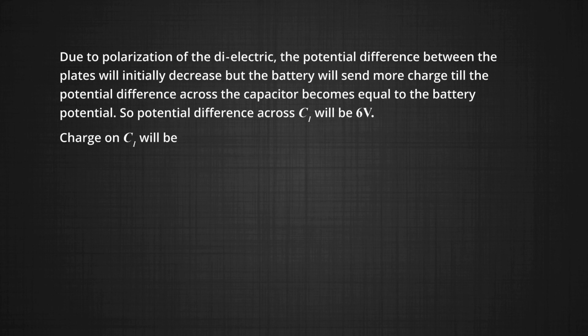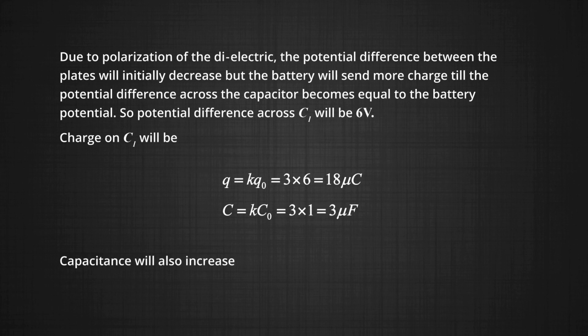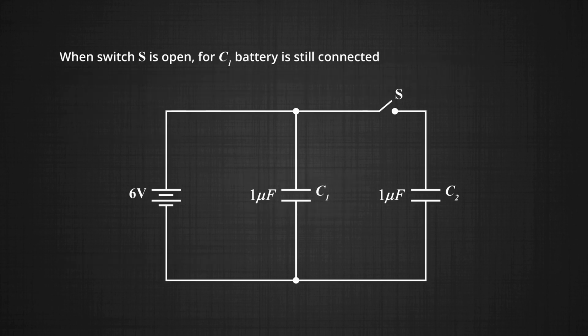Now, the charge on C1 will be Q equal to K times Q naught, where Q naught is the initial charge. So, on substituting the values, this is equal to 3 into 6, which is equal to 18 microcoulomb, and C, the new capacitance, will be equal to K times C naught, which is equal to 3 into 1. So, now this comes out to be 3 microfarad. Capacitance will also increase. Here is the circuit diagram.